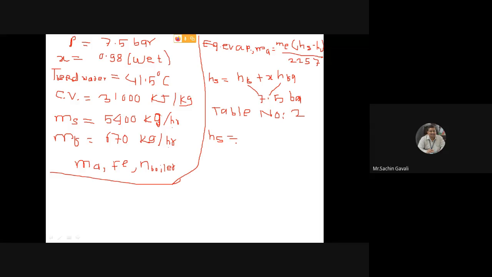Rutuja, Parmeshwar Patil is ready with the answer for HS and HW. Rutuja, your answer: HF value at 7.5 bar. Are you audible? Yes, sir. Table number 2 I have to refer.